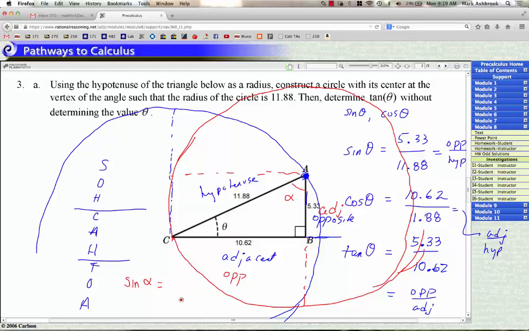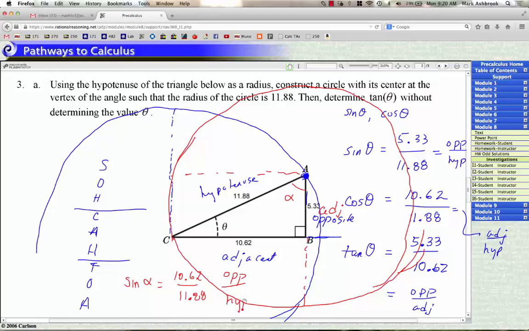So sine alpha would be 10.62, its opposite side over it's 11.88. Measuring this vertical, so you got to think of this as now the vertical position above the horizontal diameter, which goes this way. So it'd be 10.62 in radius lengths divided by 11.88, but it's still opposite over hypotenuse.